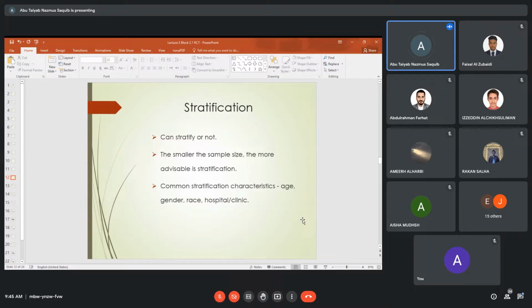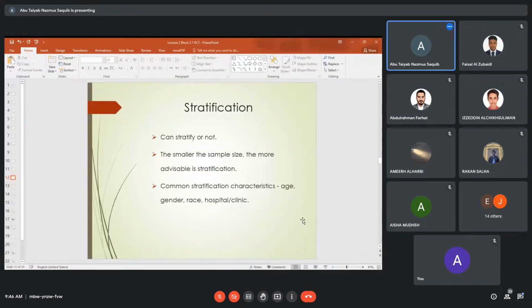Maybe the groups will be unequal, not only in size, but also in terms of important confounders. Maybe one group will be older and the other group younger, or one group will have more males and the other more females. But these are important confounders. So in that case, you can do stratified randomization. You can say, hey, I will stratify my sample into older and younger.